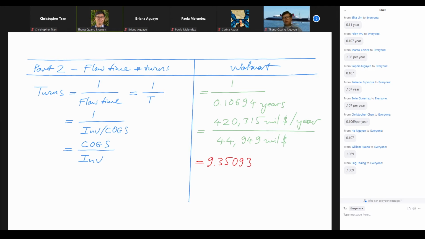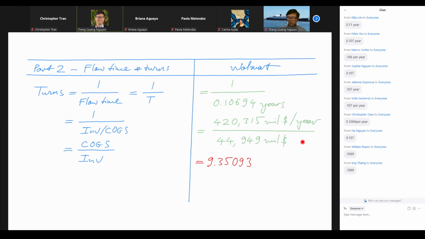The question is, what is the unit of this number? If we look at the equation, either the first one or the second one, we will not see the $1 million anymore. They will be canceled out, right? The only unit that we see here is the years. And the years here will be in the denominator, per year.